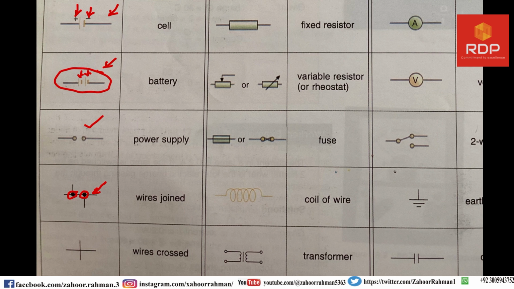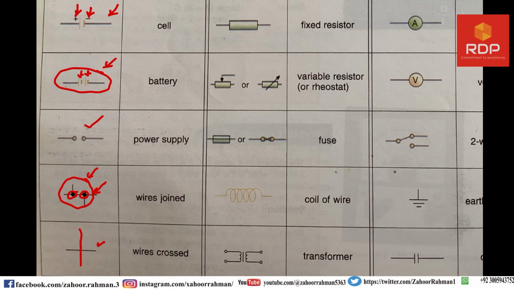This is a cross wire. Now this is not a junction. You are not taking any junction from this wire. If this is a wire, then this wire is only crossing above this line, but it is not a junction joint. You are not taking any joint from the wire as shown in this figure.